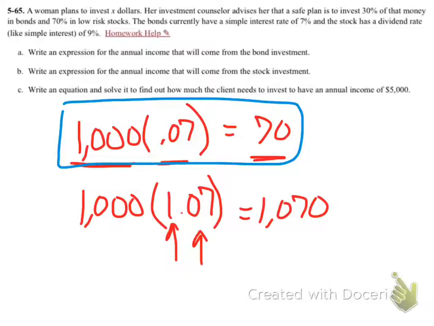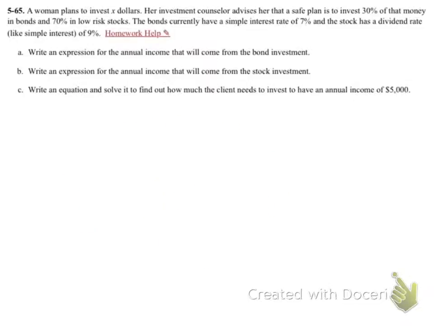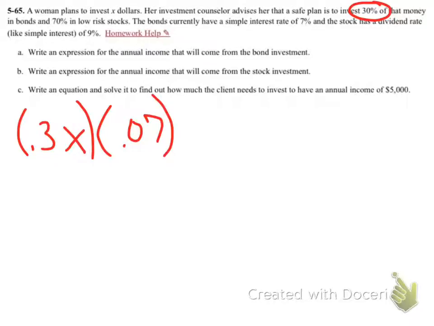Now, getting into the problem, they're going to invest some money at 7%. So we don't know how much money it is, but 30% of the money, so let's call the amount of money X. 30% of that is going to be 0.3 times X. That then is going to get invested at the 7%, so 0.07.